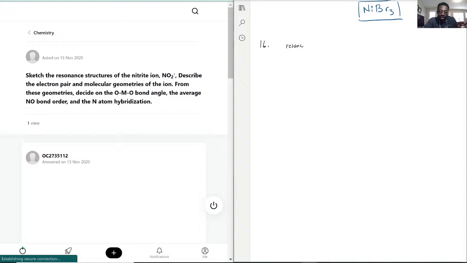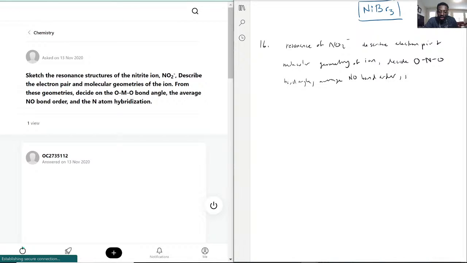So resonance of NO2 minus, describe electron pair and molecular geometry of ion, and decide O and O bond angle, average NO bond order, and N atom hybridization.